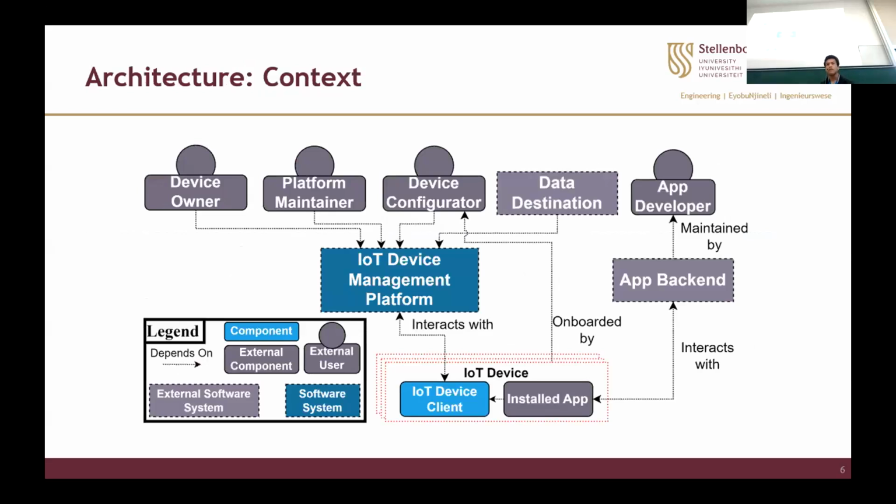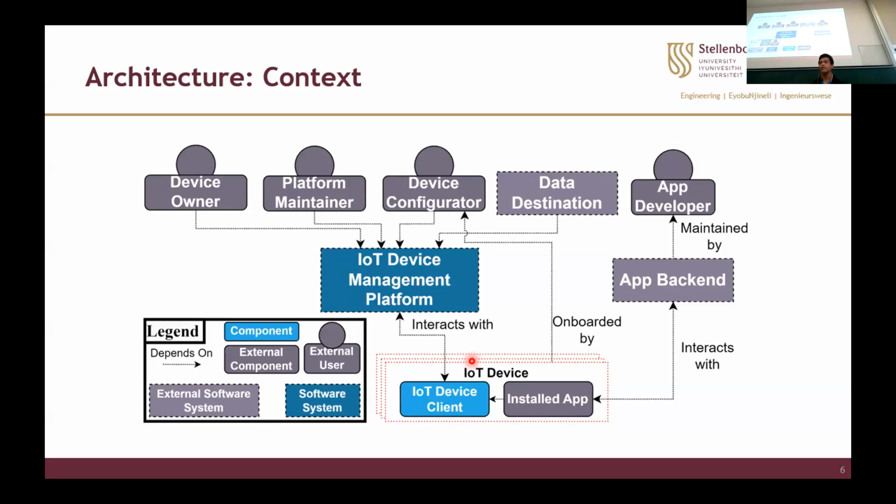The architecture's context that we're working in: there are various different stakeholders that interact with this IoT device management platform, and the IoT device management platform interacts with different types of IoT devices.